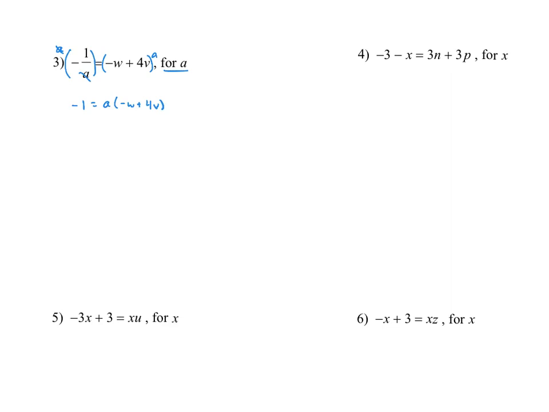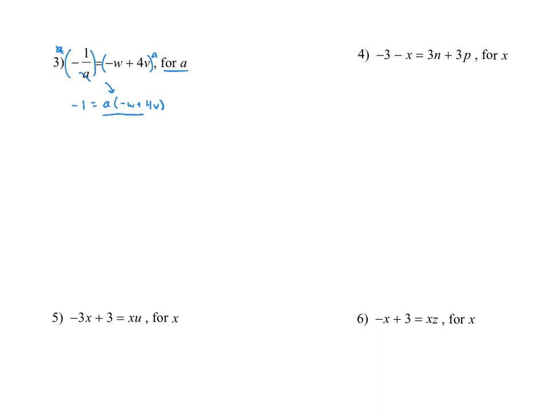All right, so I have my equation written out. I need to now move everything else away from a. I'm still trying to get a by itself. This side of the equation reads a times negative w plus 4v: a times the whole thing. Well, how do you undo multiplication? By dividing.